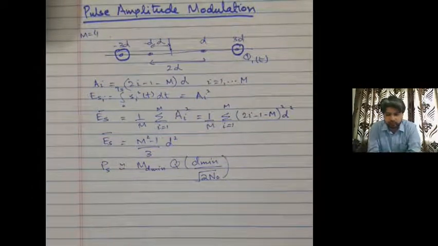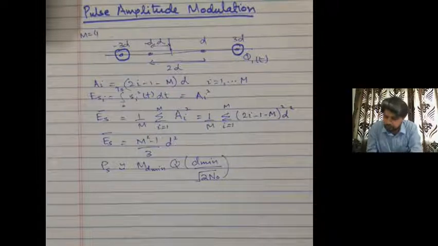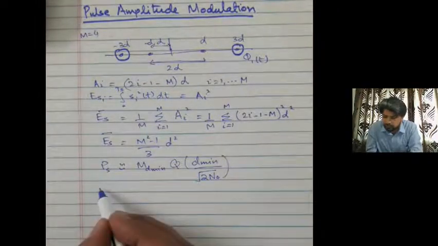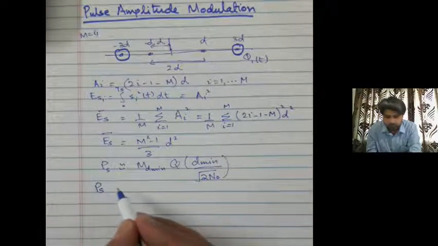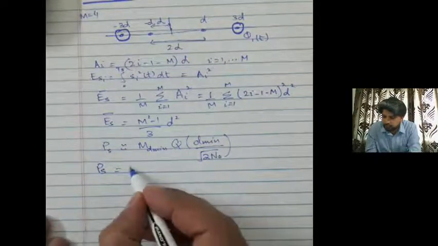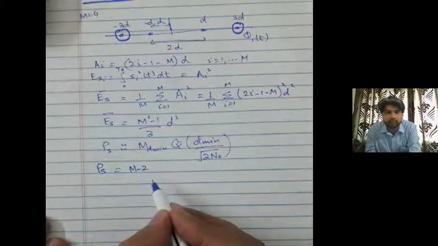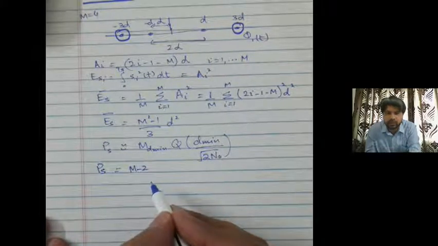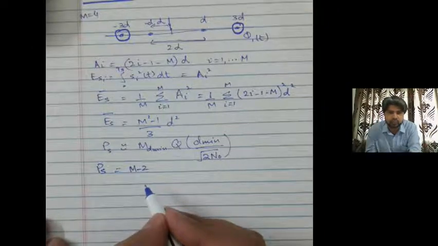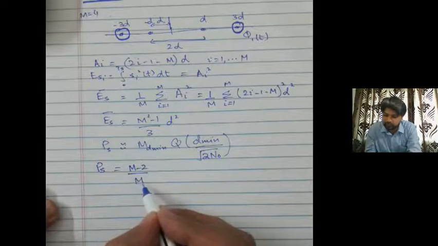So you can write down the equation for the symbol error probability in an exact manner. Your symbol error probability PS would be equal to, for M minus 2 points, remember you would compute the symbol error probability for each of the constellation points, and then you would divide by M to compute the average symbol error probability.